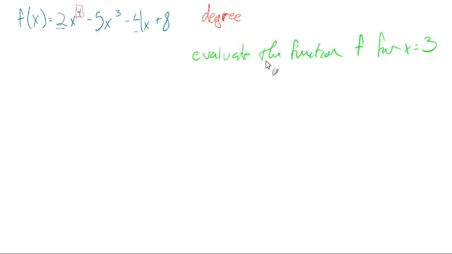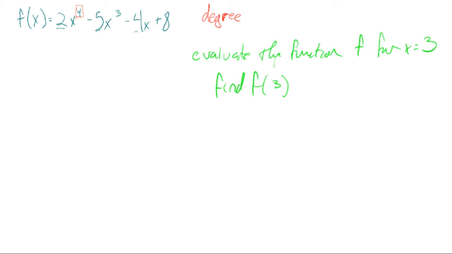Okay, that's one way we could say it. Evaluate the function f for x equals 3 means what do you get when x is equal to 3? What happens to the whole deal? You could also just say find f of 3. These mean the exact same thing. Find f of 3. Put 3 in for x.